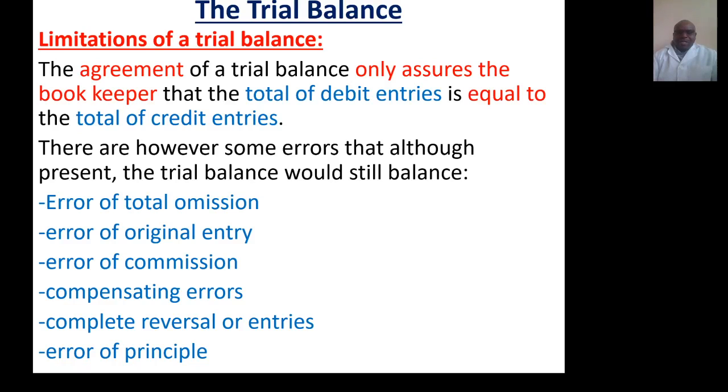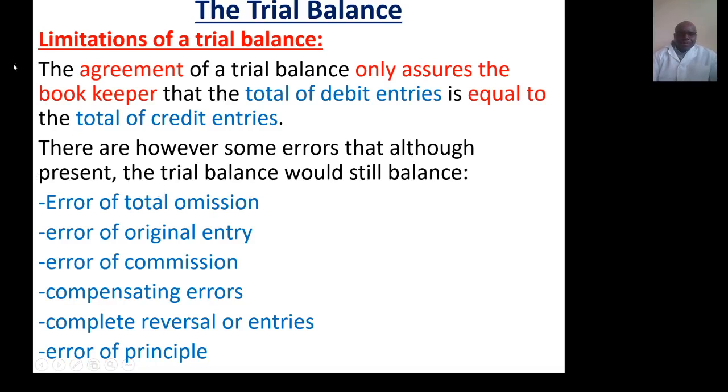So, we have limitations of the trial balance. That is, the errors the trial balance cannot cure or detect. The agreement of a trial balance only assures the bookkeeper that the total debit entries is equal to the total credit entries. There are, however, some errors that, although present, the trial balance would still balance.